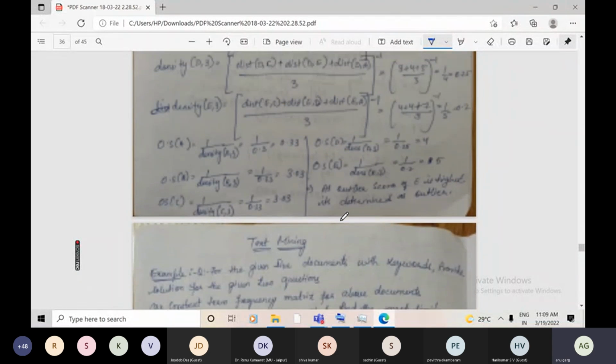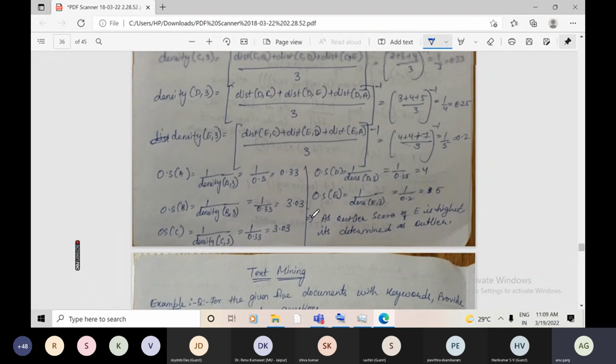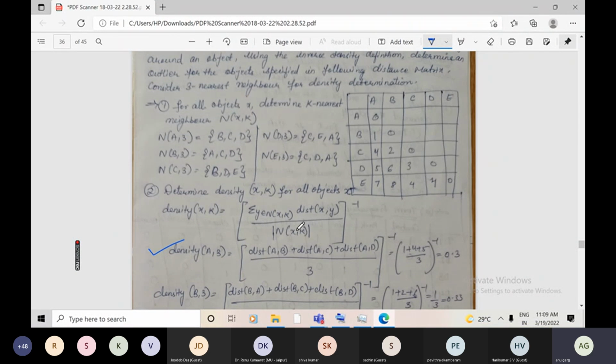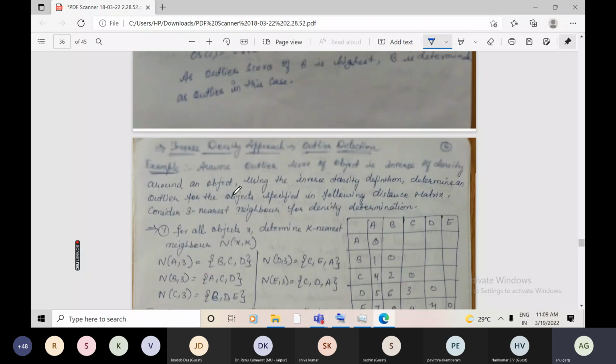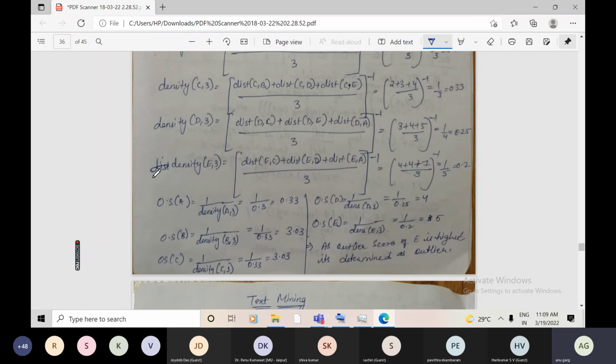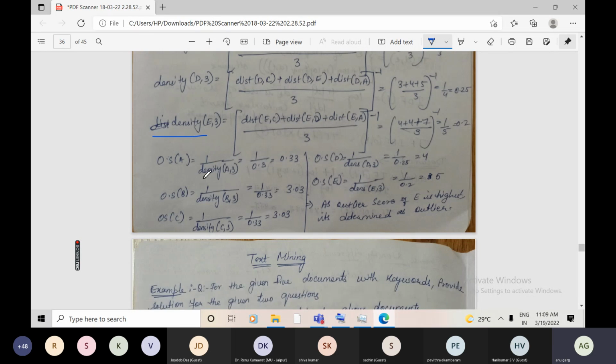I don't know why there are two different names. No, sorry, one minute. In inverse density there is one difference. After calculating the density you have to do 1 by density. That's why we call it inverse density.